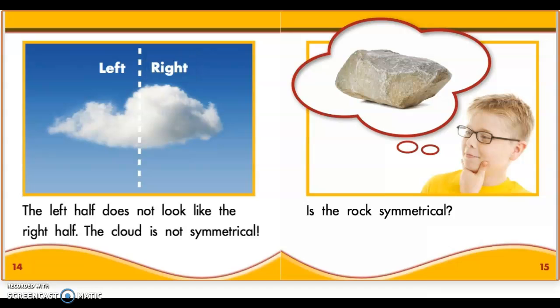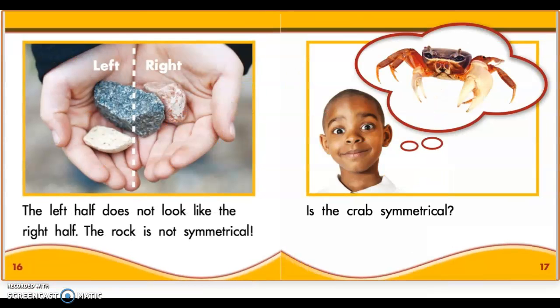Left, right. The left half does not look like the right half. The cloud is not symmetrical. Is the rock symmetrical? Left, right. The left half does not look like the right half. The rock is not symmetrical. Is the crab symmetrical?